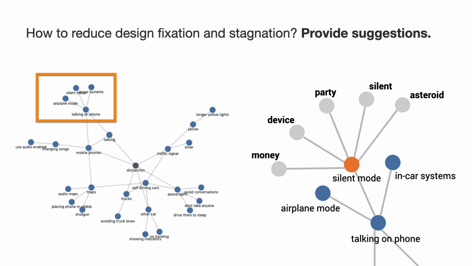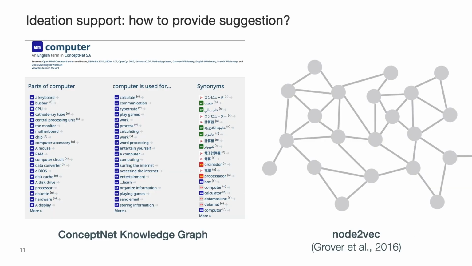The user has clicked on silent mode and has received 5 suggestions that they can either accept or reject. In addition, in order to fully support ideation creation, users are able to add manual nodes to the mind map. If they are inspired by a recommendation, they can add their own ideas to the mind map. The question now to address is how to provide these suggestions. How can we systematically recommend suggestions based on the user selection?